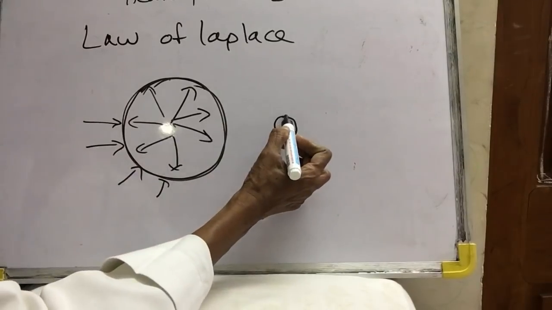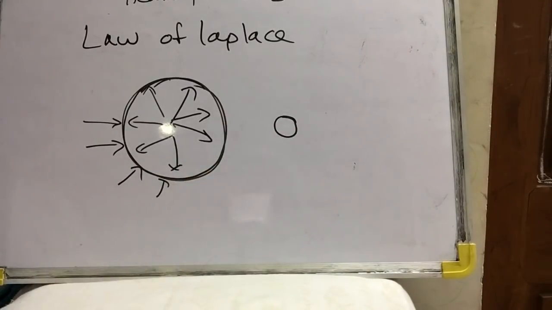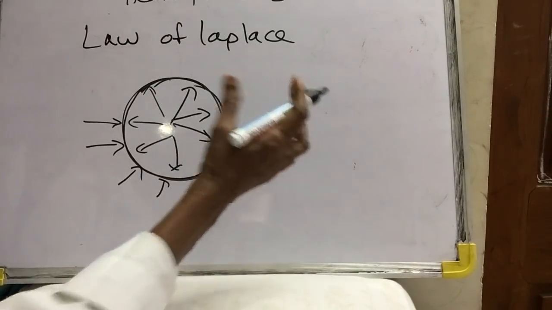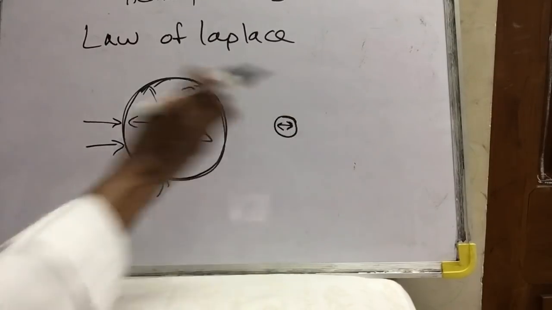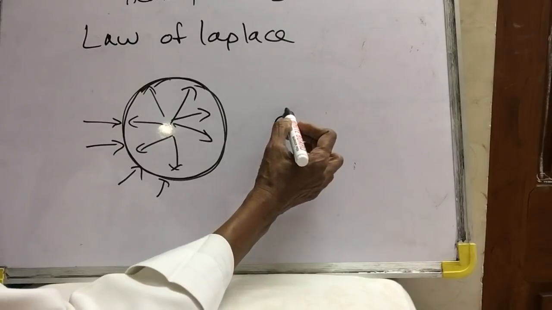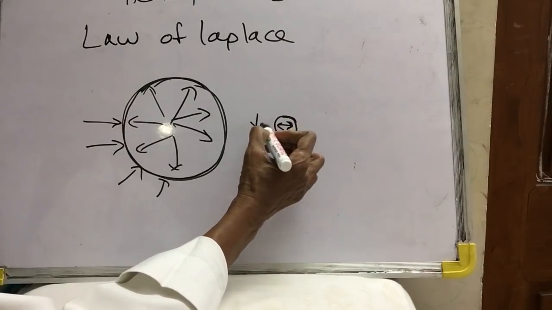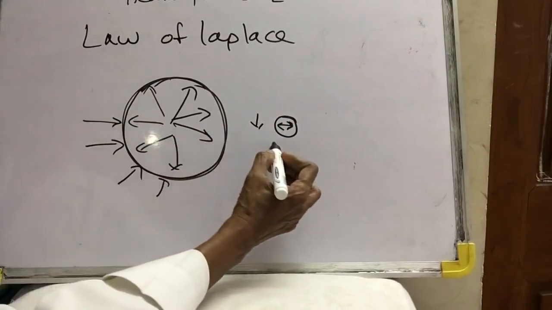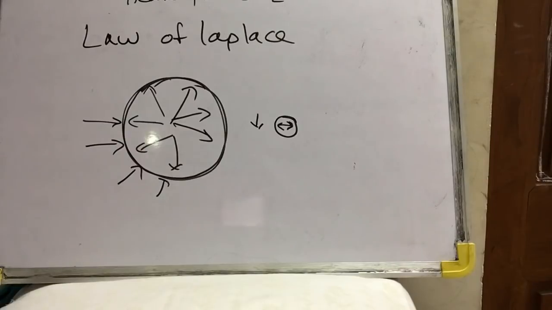Whereas if the radius of the vessel wall is less, for example, capillaries or arterioles, the pressure exerted inside the vessel is less because of the lesser diameter, and the tension exerted by the surrounding tissues over this vessel will also be less. That is why the capillaries are less prone to get ruptured.